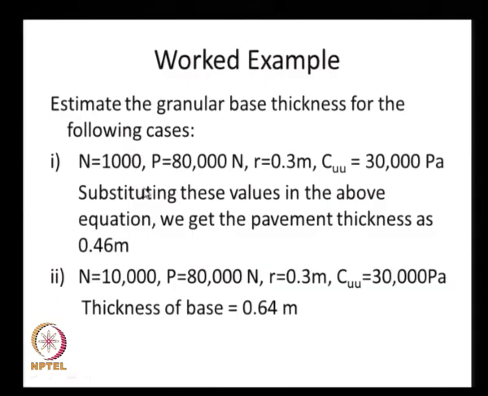Let us say that in the second example we keep all other parameters the same except that we increase the number of passes to 10,000, and now our base thickness increases to 0.64 meters. Earlier it was 0.46 meters.